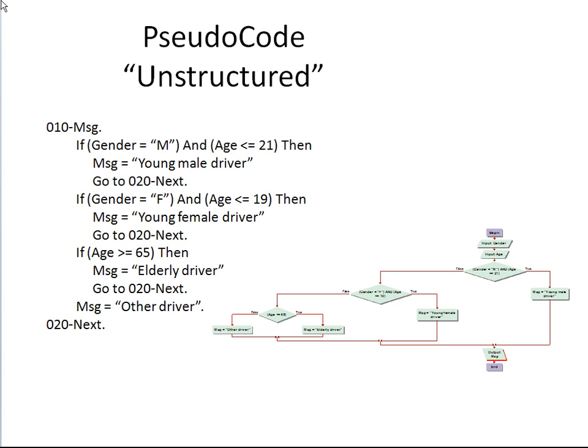If we take a look at the code here, if gender equal M and age less than or equal to 21, then message equals go to 020 next. So in each one of these cases, we check the condition, put something in the message, and then we exit out of it, which does resemble our rules of single entry point, single exit point.